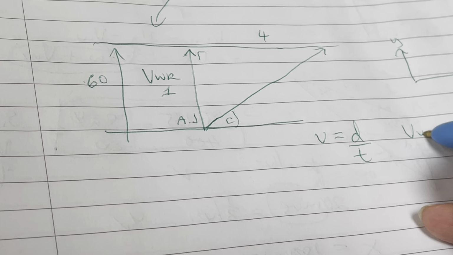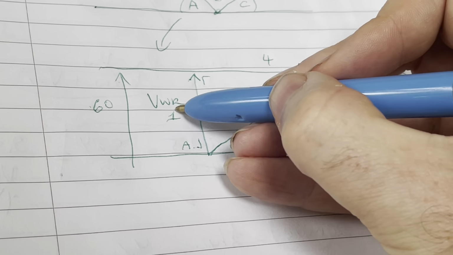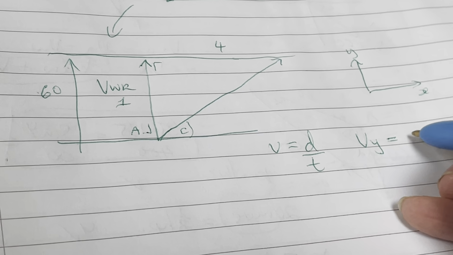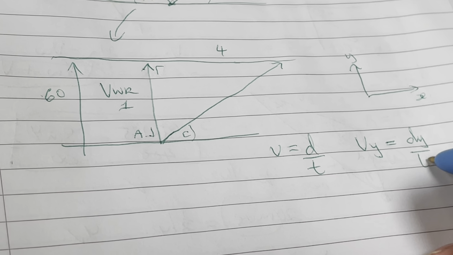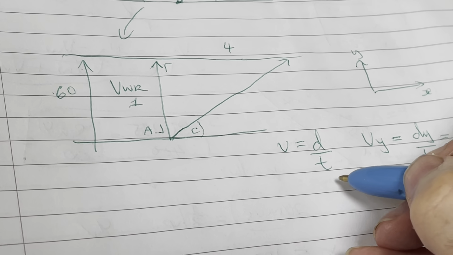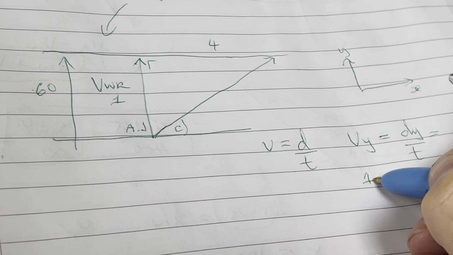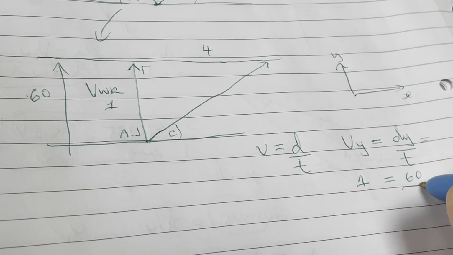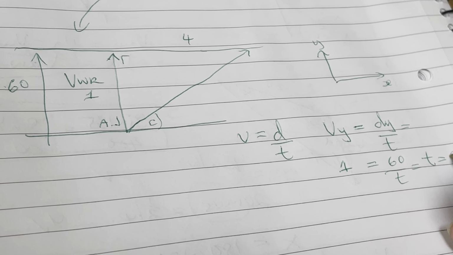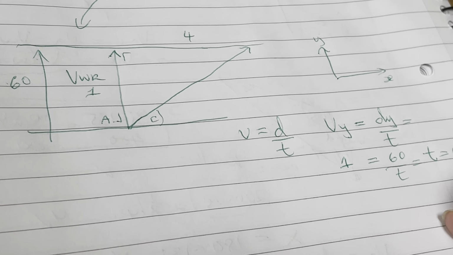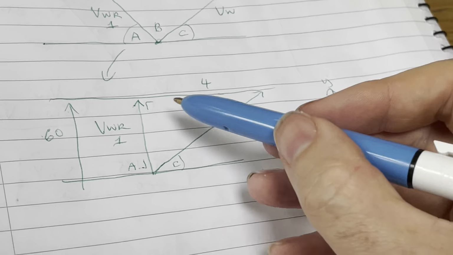So the velocity in the Y direction, in this case it's 1, because we're putting all our energy in there, is equal to distance in the Y direction over the time taken. So 1 is equal to 60 over t, and t is equal to 60 seconds. All right, so we end up with that.